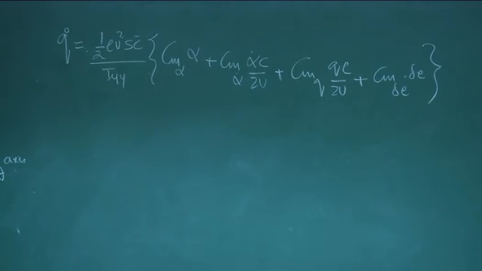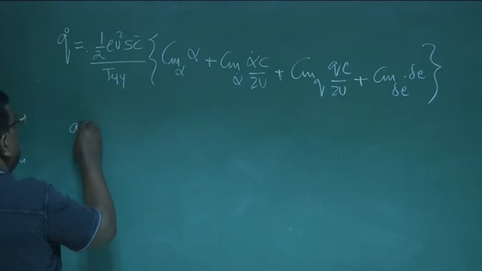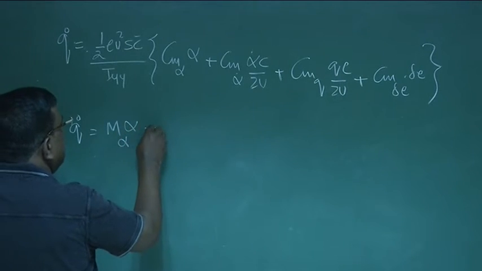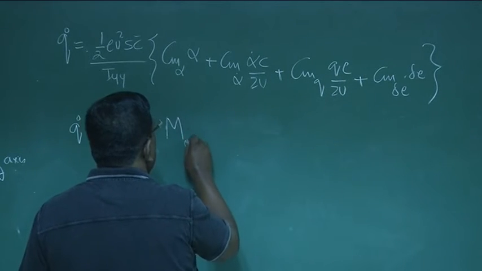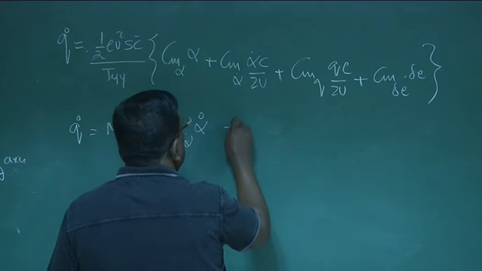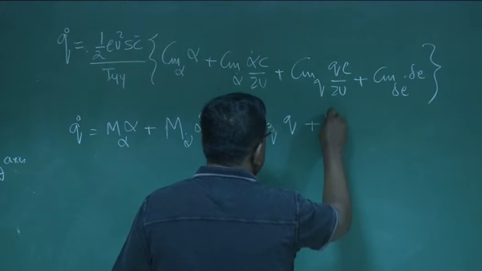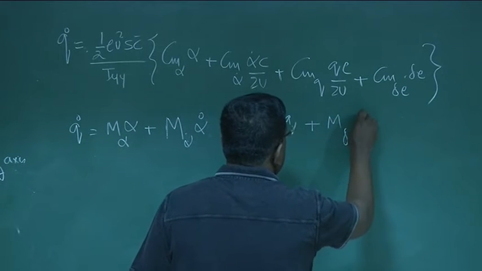So I can further write it simplified: q dot equal to m alpha into alpha, plus m alpha dot into alpha dot, plus mq into q, plus m delta E into delta E.